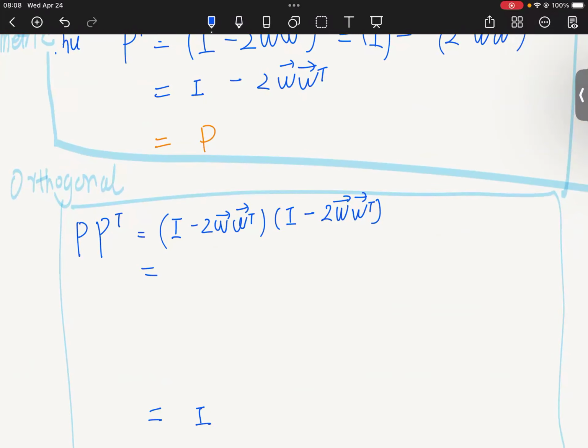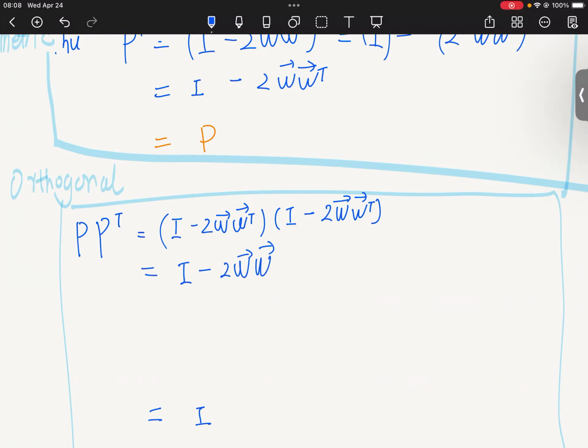The first one, we have I times I, and I get I here. The next thing is minus 2W W transpose times the identity matrix, which is just minus 2W W transpose.